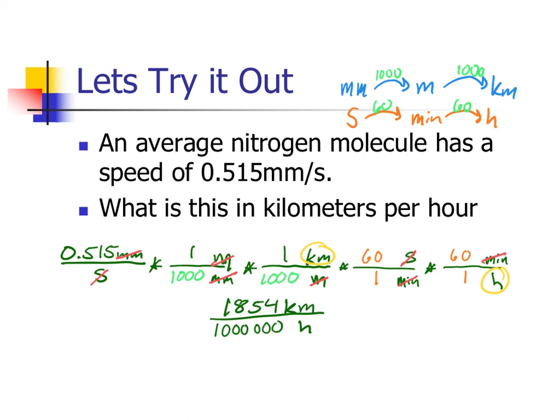And so now I just do that division to give me an answer of 0.0018. I'm going to stay with 5. It does end with 4 as well, but we could probably say that 5 is where you would end because of the number of significant digits. My label is kilometers per hour with that.